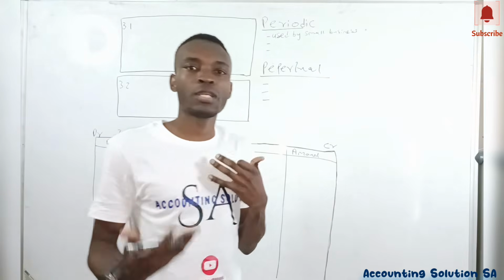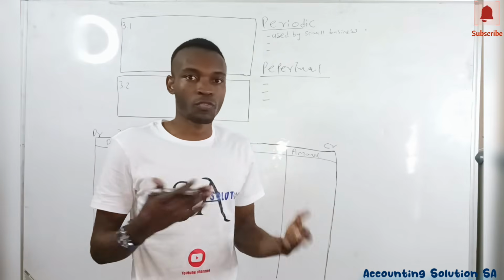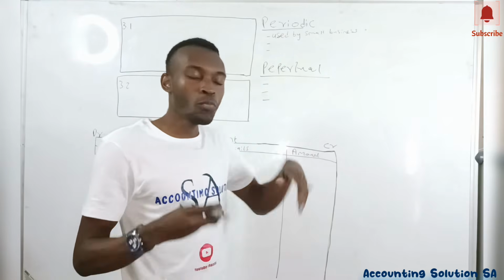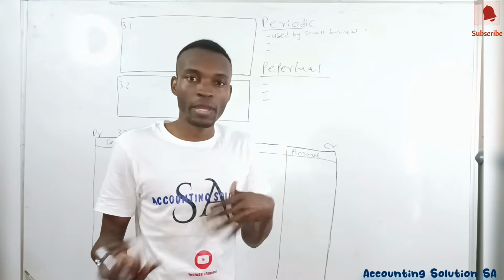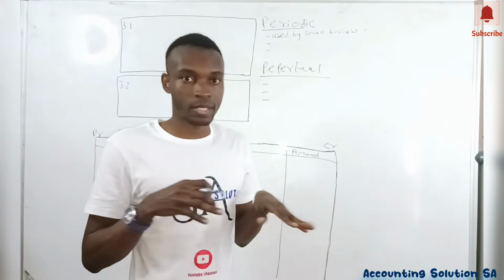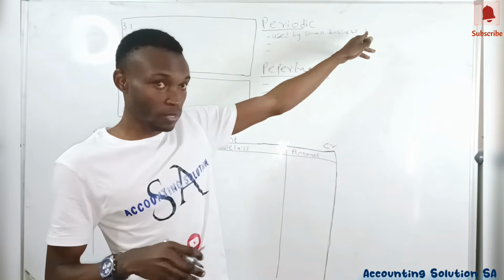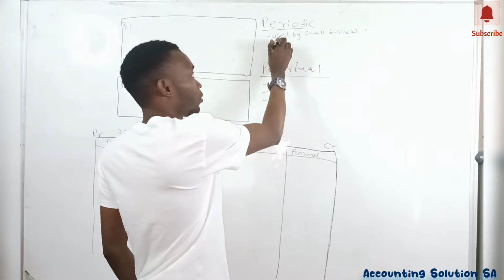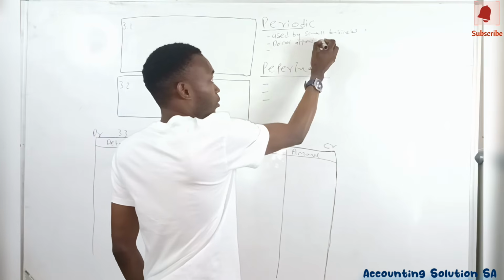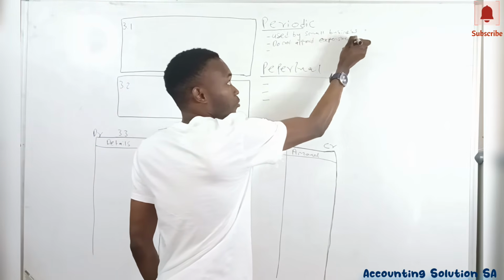Because a small business cannot afford to buy expensive system or software, because when you deal with perpetual, you must have a system, a software, a computer that you are going to use to record your transactions. So when we talk about a periodic, it's used by small business because they can't afford expensive equipment.